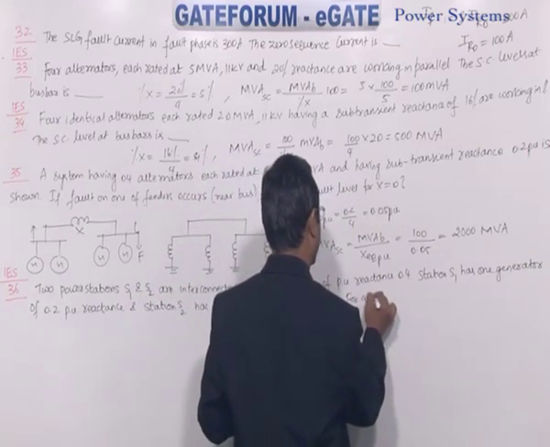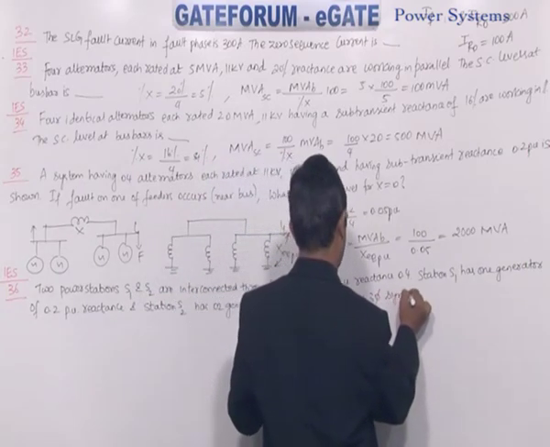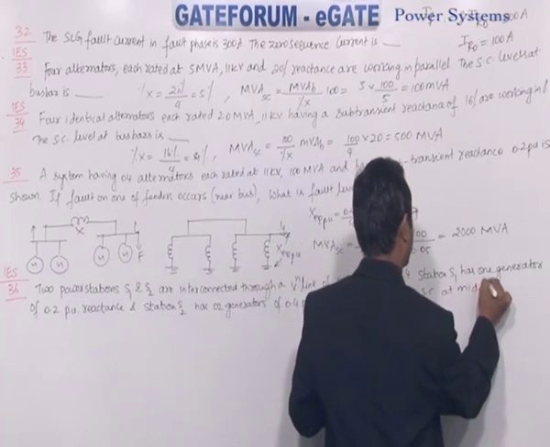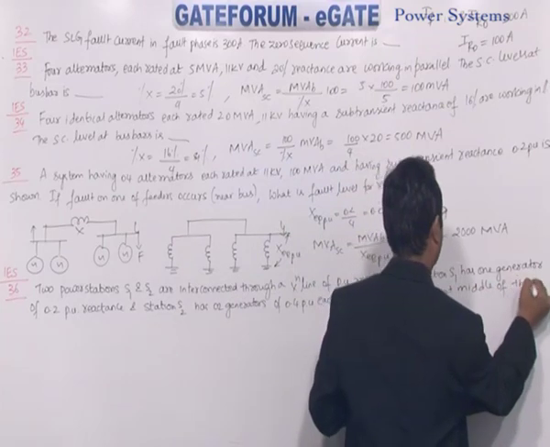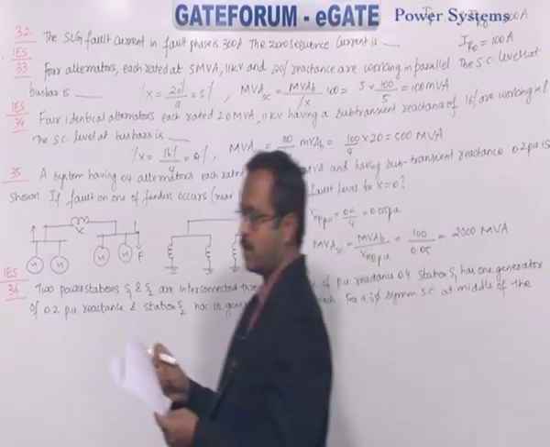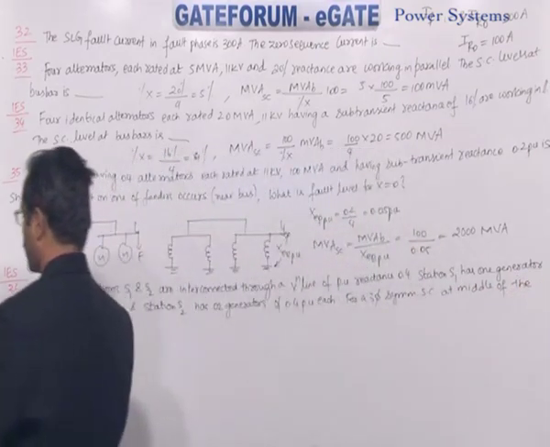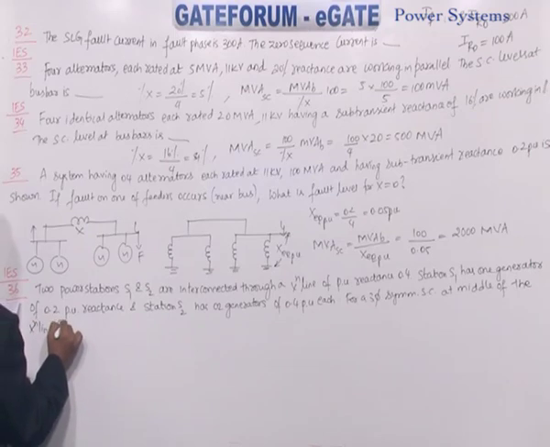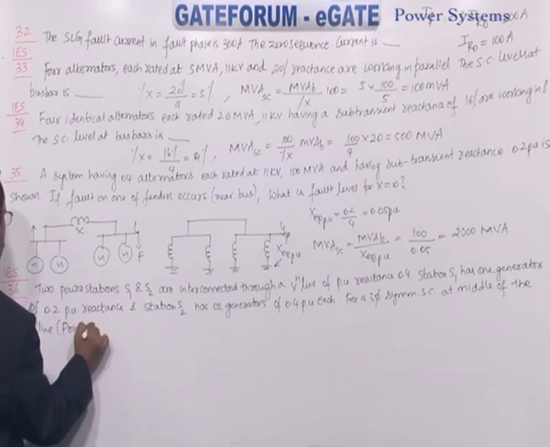So here it is given that a three-phase symmetrical short circuit has occurred at the middle of the transmission line. That is given in the question also. It is the point F.